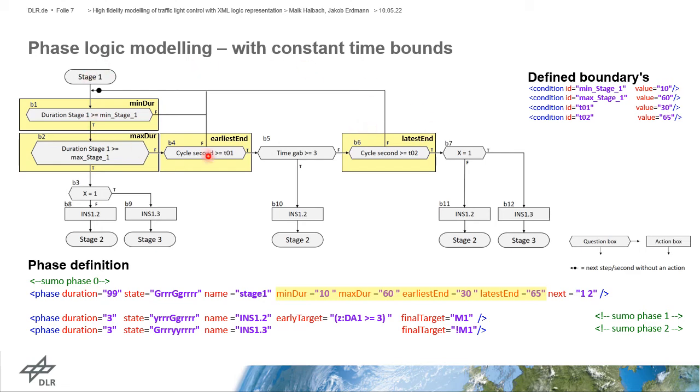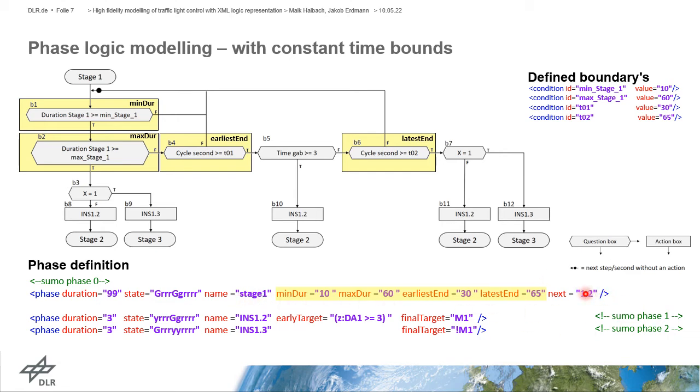And now the constant values within the yellow area could be defined directly in the XML file in the stage 1, which you could see here. And the expression next with the value 1 and 2 defines in which following phase the control, SUMO phase, could go after the stage 1.